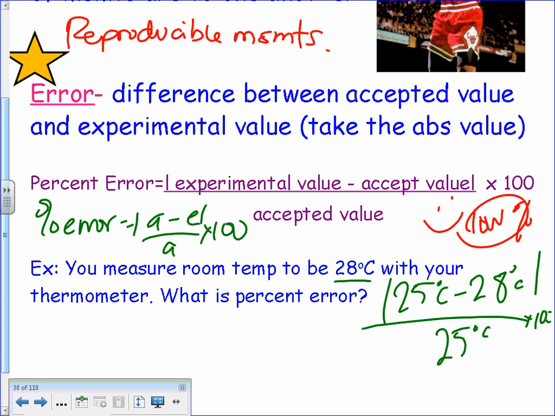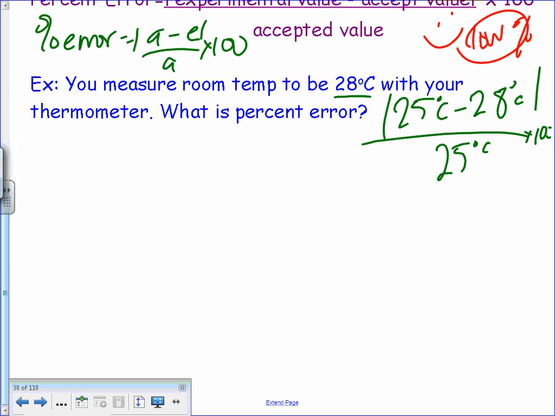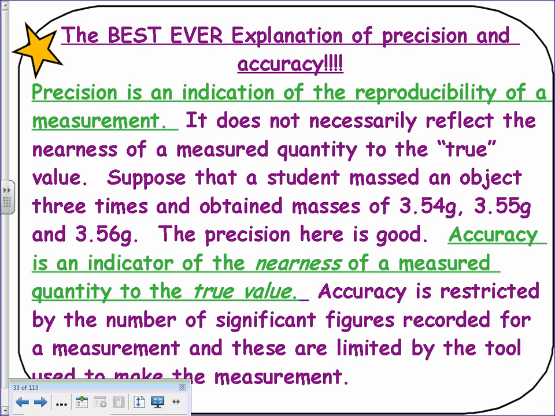So that's 3 over 25, which is like 12.5%, I believe. 12.5. So if that is 12.5% error, then is that good or bad? I mean, it's not bad, it's not horrible. Like we really want to be below 10 if possible. Okay, so far not too bad. Review, percent error.